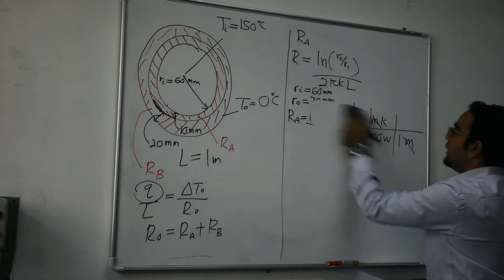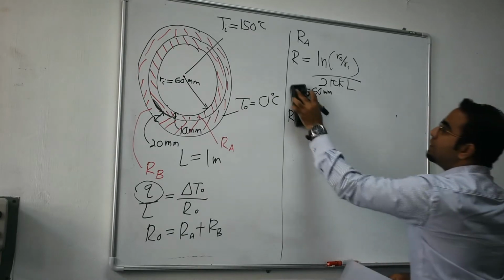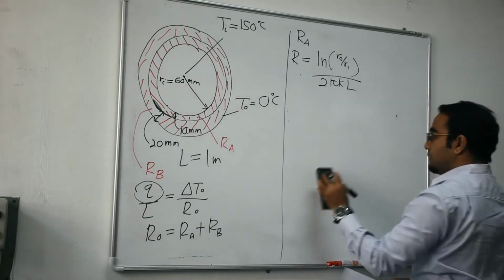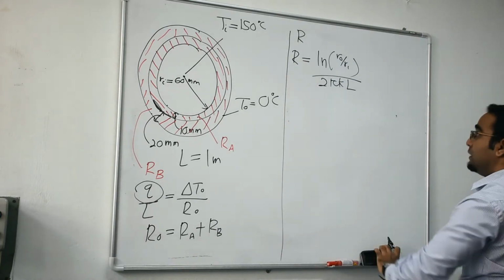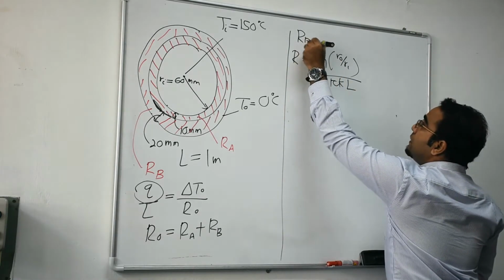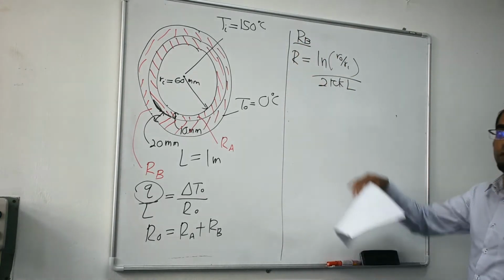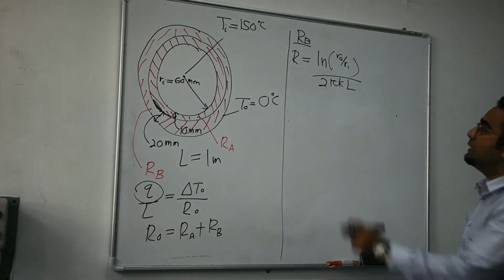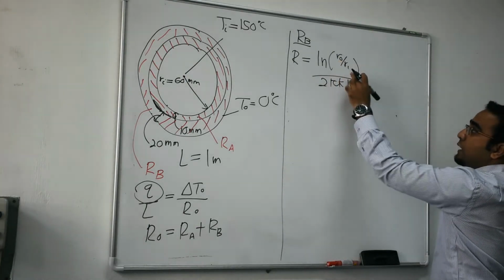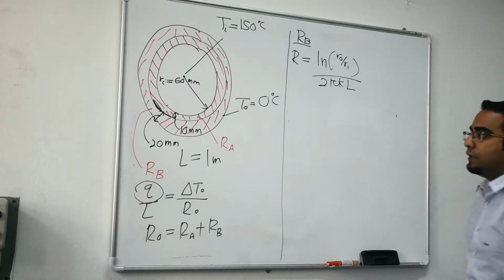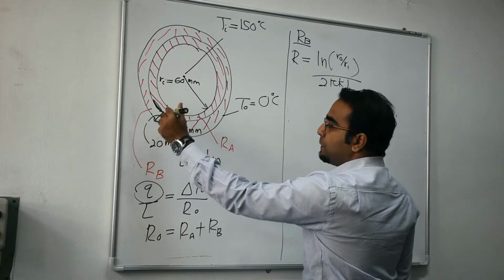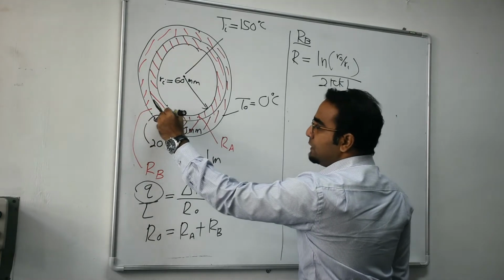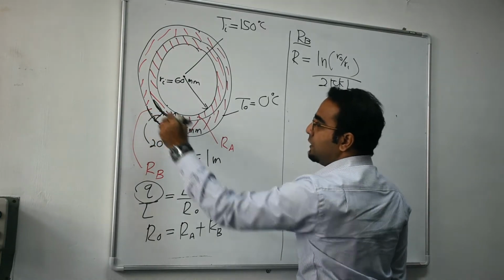So to get RB, let's say now we want to find the value of RB. So for RB, we are going to use the same equation, but we have to find the new value of RO and the new value of RI. So if you look at the layer of RB, this is the layer of RB. So this is going to be the inside diameter and this is going to be the outside diameter.